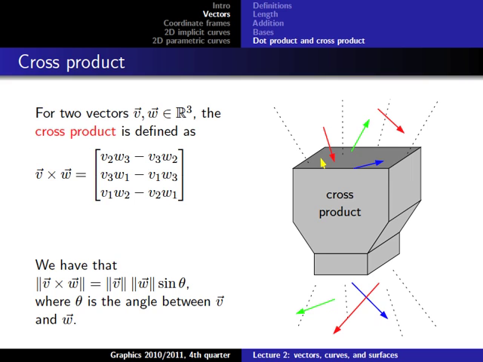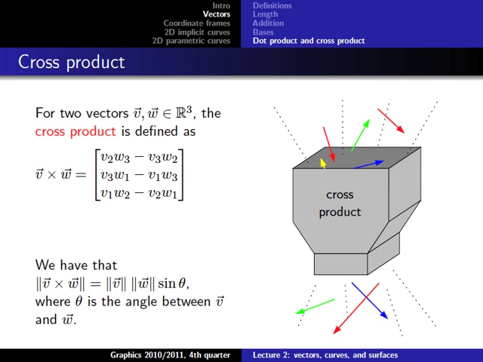Of course, there are other ways to define multiplication with vectors, and one very useful way to do multiplication of vectors in graphics is the so-called cross product. Again, we multiply two vectors with each other, but in contrast to the dot product, the result of this multiplication is another vector.